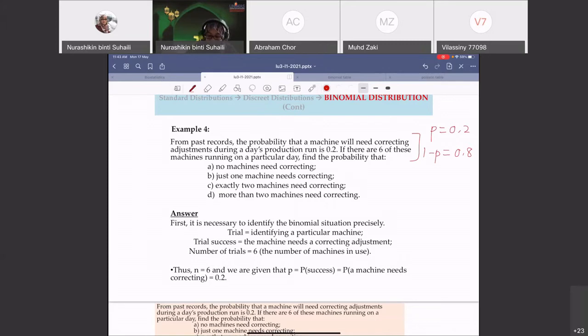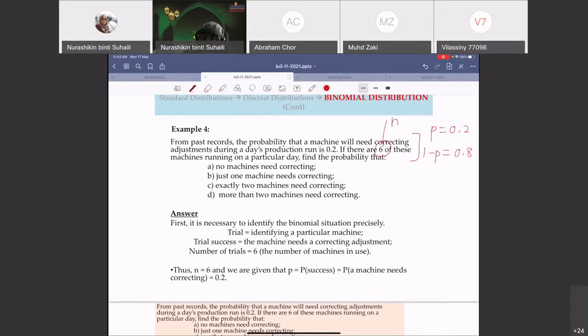There are 6 of these machines running on a particular day. What does this 6 mean? This 6 is n. There are 6 machines.